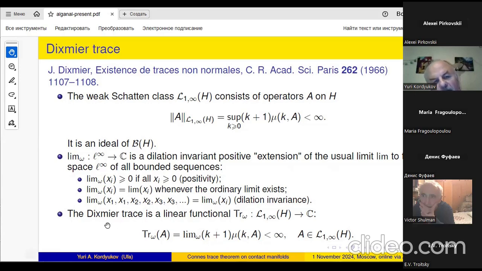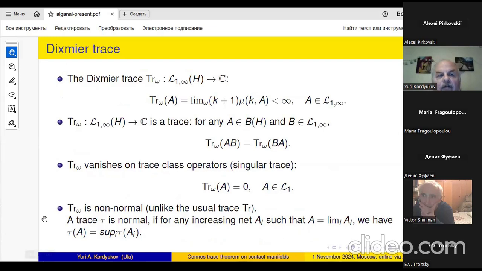Then we can define the corresponding linear functional in the following way. By definition, we have a bounded sequence, and we take this limit and we get a number. So we fix such an extension, and we get a linear functional on this weak Schatten class. And what's interesting is that in this way we really get a trace.